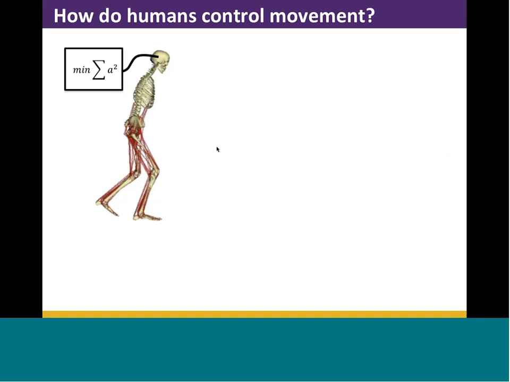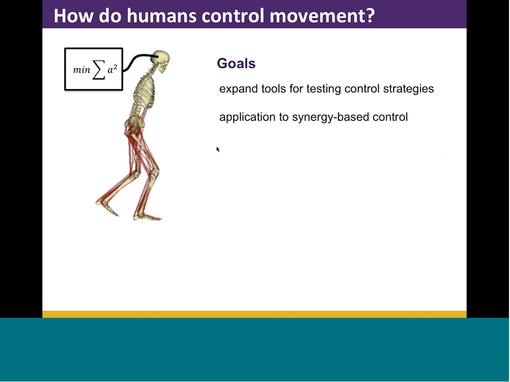Now, our goal in this research has really been to extend some of these optimization techniques in OpenSim to give us a way to test additional control strategies. And in particular, our group has been interested in looking at the implications of synergy-based control in understanding movement.